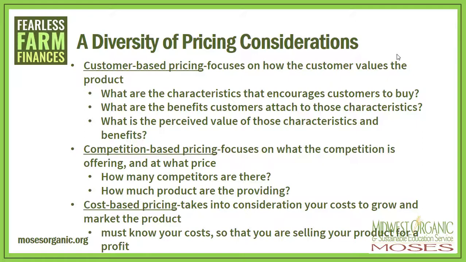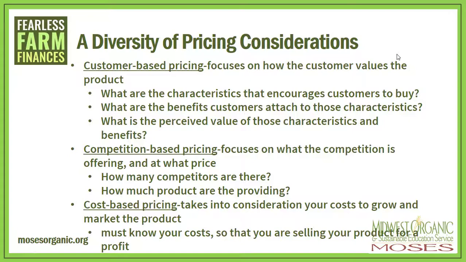So what are the characteristics that encourage a customer to buy your product? Is it because it's organic? Is it because it's sustainably grown, pasture raised? All of those marketing terms have some characteristics that tell your customers why they might choose your product over others.